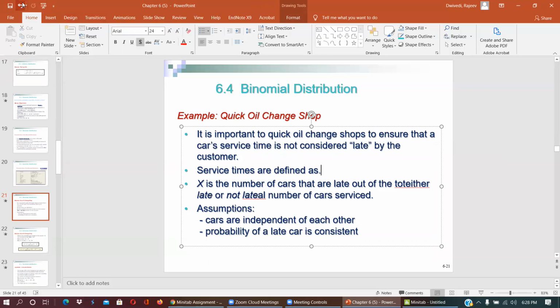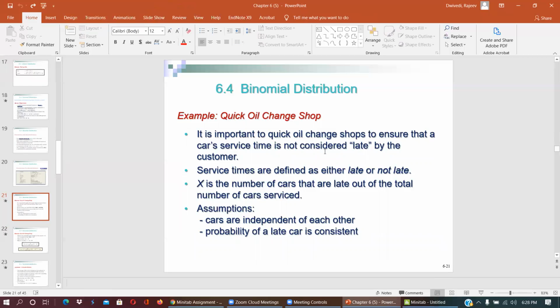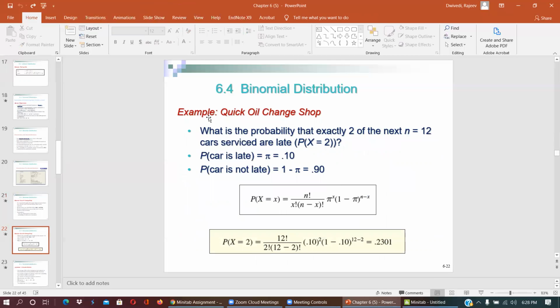These are the two situations which are defined. So this is a Bernoulli. What is the probability that exactly 2 of the next 12 cars serviced are late? Here car late is 10%, car not late is 90%.